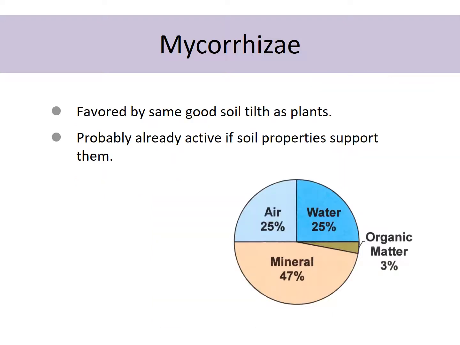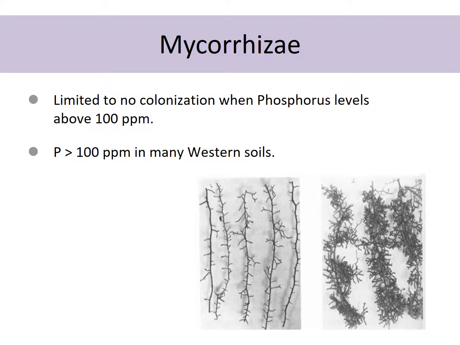In general, mycorrhizal fungi are favored by the same good soil conditions that favor plant growth. So the presence of organic matter, a moist soil that contains water but also has larger pore spaces that will be filled with air. And if the soil is capable of supporting them, there's a good chance they already are active in the soil.